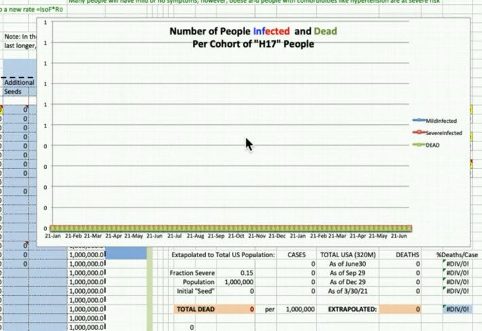Since many carriers are known to be asymptomatic, we'll assume that the number of severe people severely infected is small, about 15%. For the initial seed, clearly it's going to be more than one. In fact, New York had more than 200,000 air travelers coming in from Europe and China in January. So we'll set this number to be somewhat larger, 12, let's say. Could be larger than that, clearly.